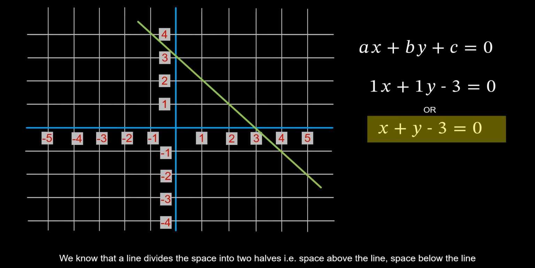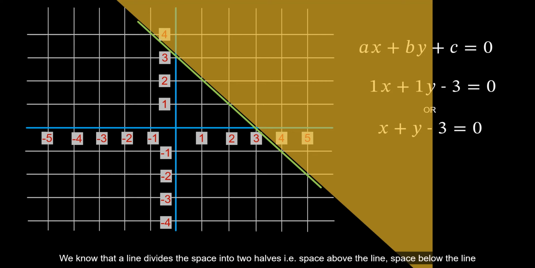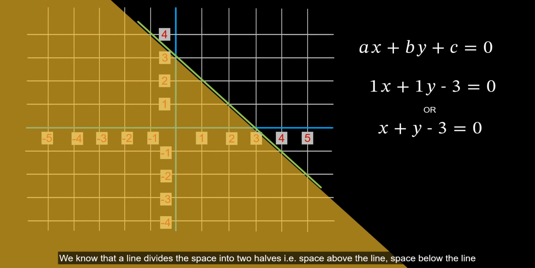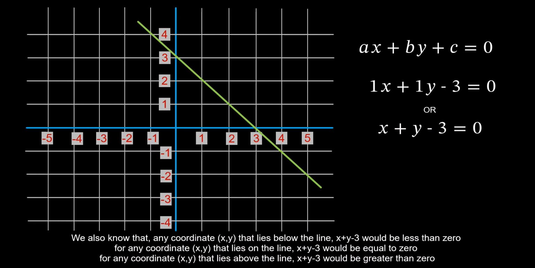We know that a line divides the space into two halves, that is, the space above the line and the space below the line. We also know that any coordinate (x, y) that lies below the line, x plus y minus 3 would be less than 0.